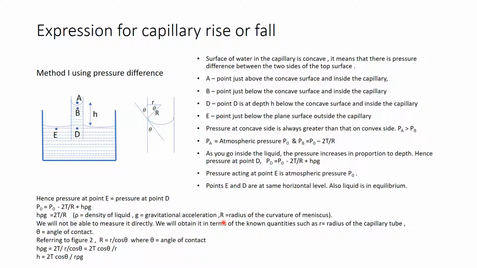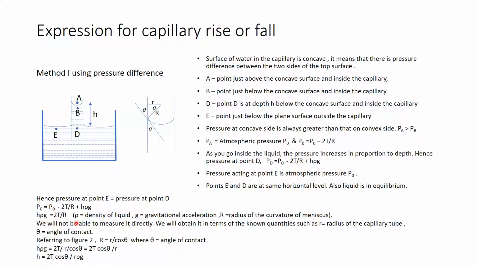R over here is the radius of curvature of the meniscus. You have learned this concept, radius of curvature. Capital R is the radius of curvature of this meniscus. Now here P naught and P naught are common on both sides and therefore they get cancelled, and therefore you have h rho g equal to 2T upon R.